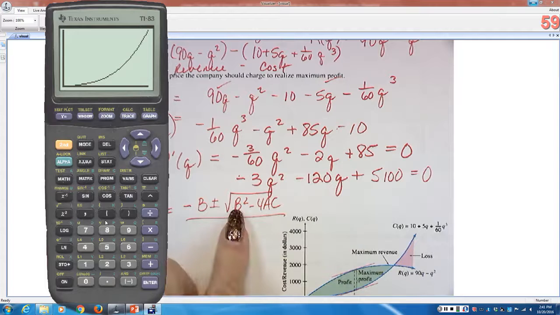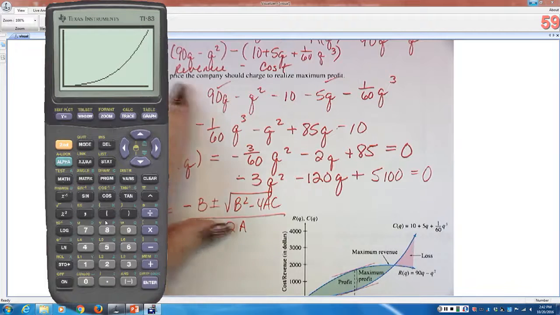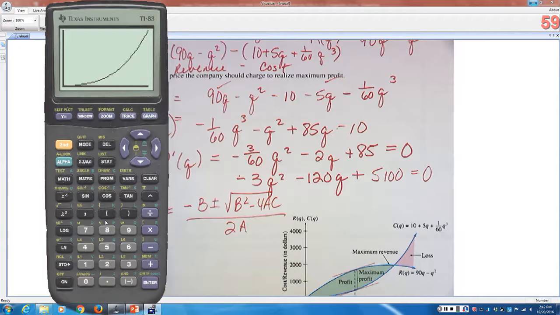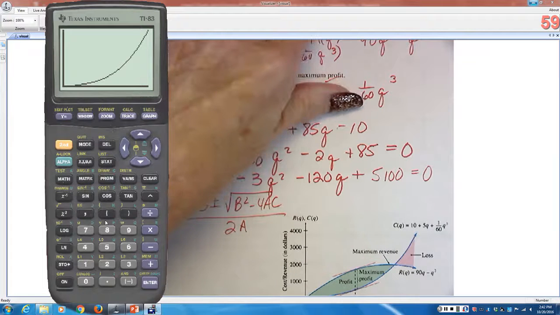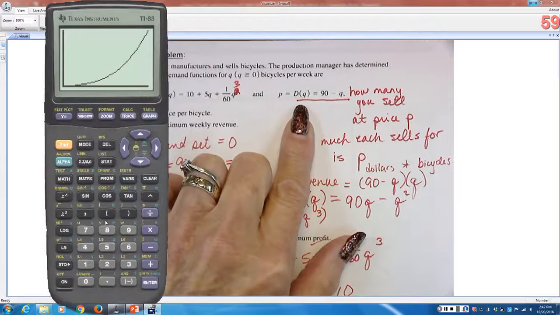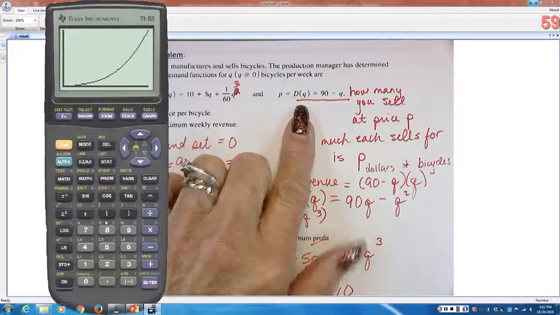And one of these roots is going to be negative without a doubt, which you throw away because it's of no use. One of them will be positive, so we would find the maximum profit and then find the price the company should charge to realize that profit. Once you've got Q, you go back up here and plug it into the demand function and find out what price you need to be charging. Okay?